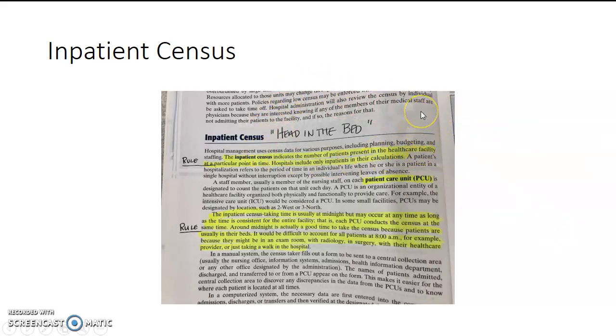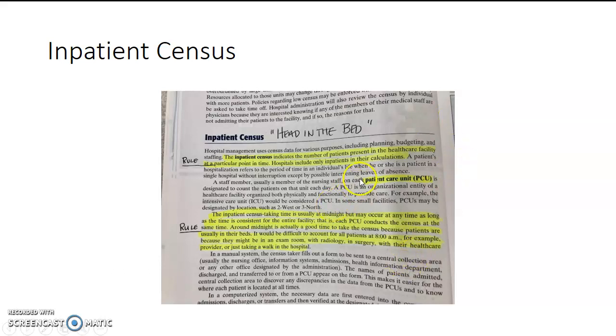So when you think of inpatient census, I want you to think about your patients sleeping soundly in their beds, ready to have their heads counted to make sure that we count them as in the facility.